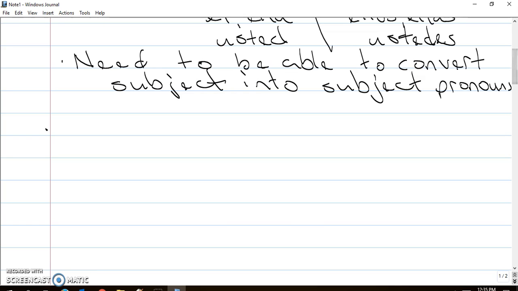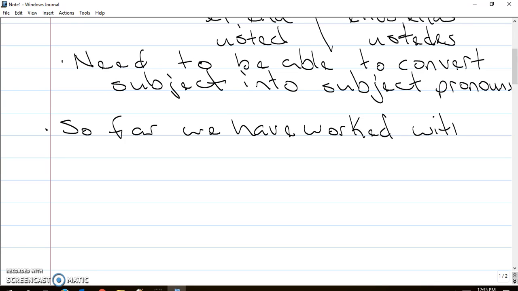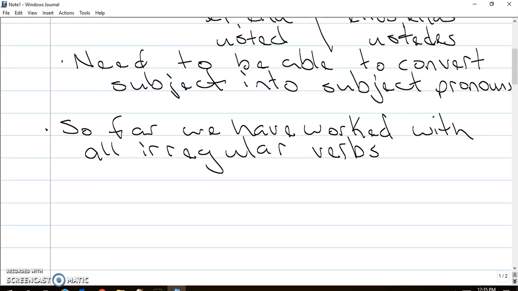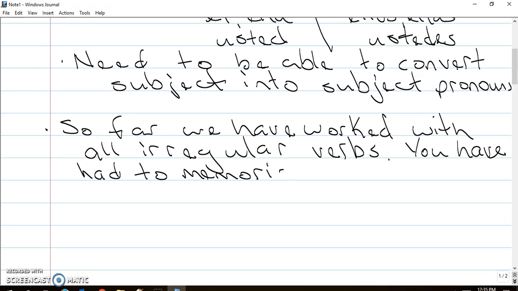Now, here's where we start. So far, we have worked with all irregular verbs. What that means by being an irregular verb is that basically you have had to memorize all 6 forms of the verb.